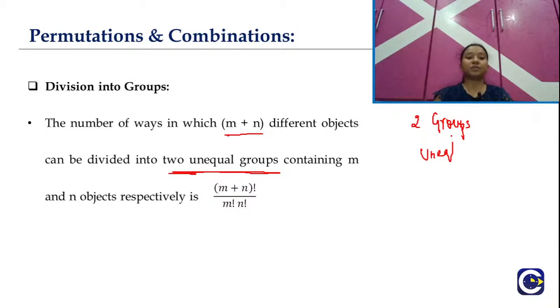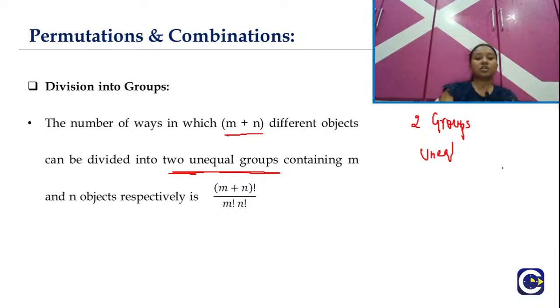So that is nothing but how many ways we can divide that. Here they are not asking us to find out the groups, but in how many ways we can divide that.